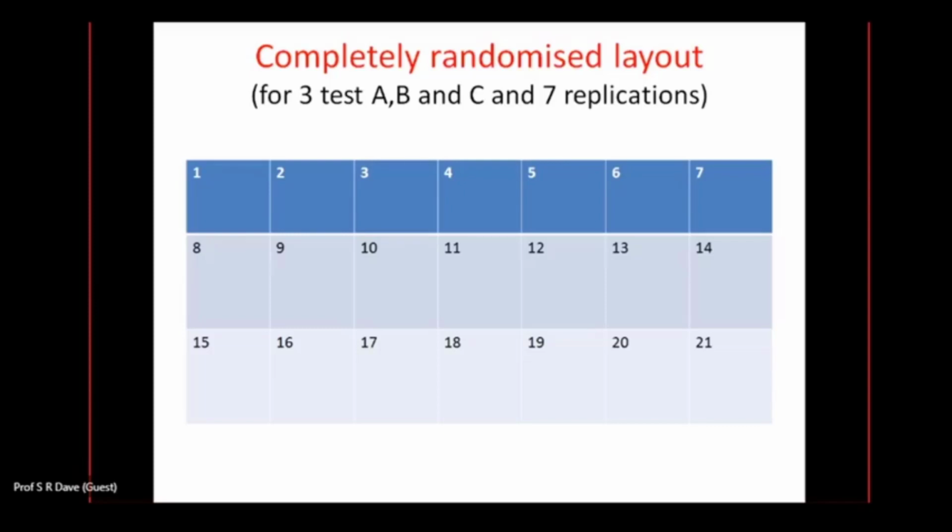Then what we have to do is randomly assign the 7 experiments of A, we can say A1, A2, A3, A4, A6, A7, B1, B2, B3, B7, C1, C2, C7. Then you give 1 to 21 numbers to these experiments and select one by one. Suppose the first chit is C1, then I put C1 here.